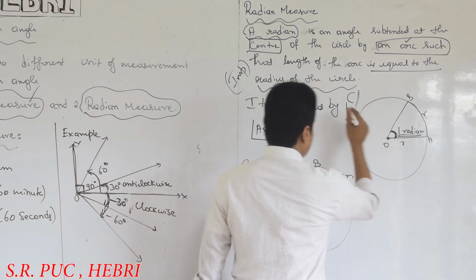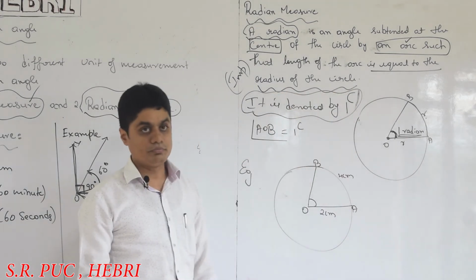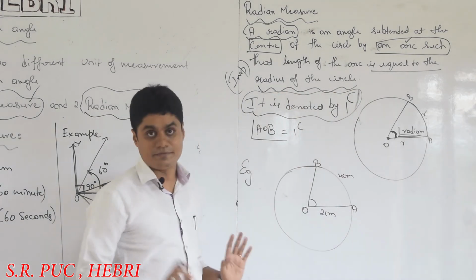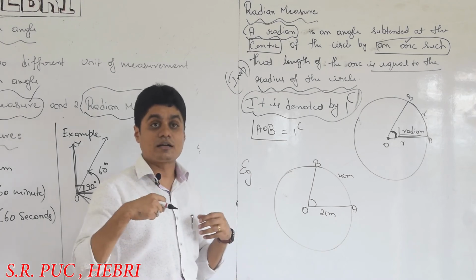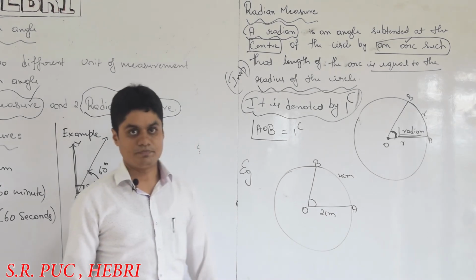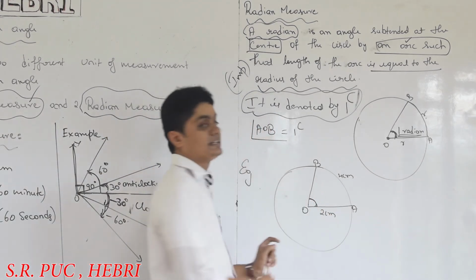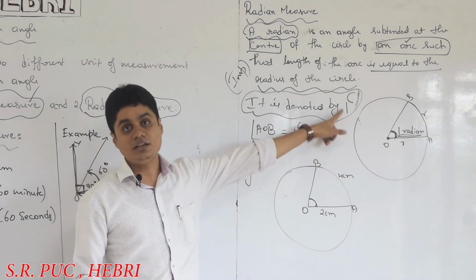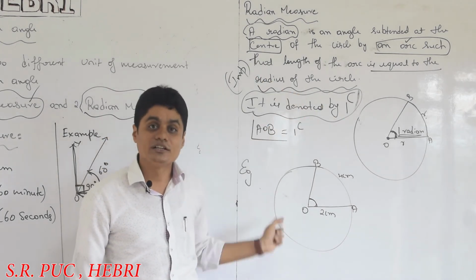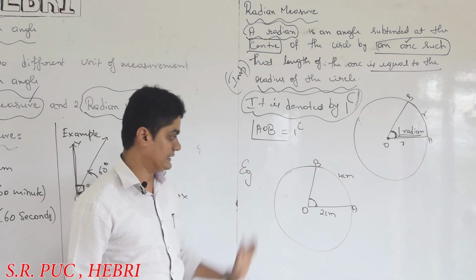So if this is the definition of 1 radian, now to confirm whether you understood the definition or not, take this example. If you are able to answer what is the angle at the center of this circle using this definition, that is a clear sign that you understood what I mean by a radian. The example is like this.